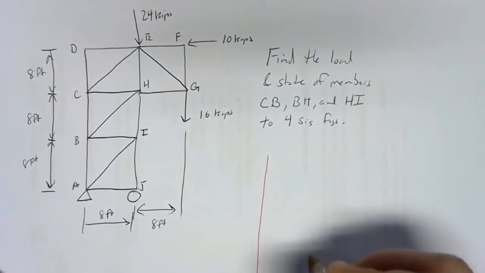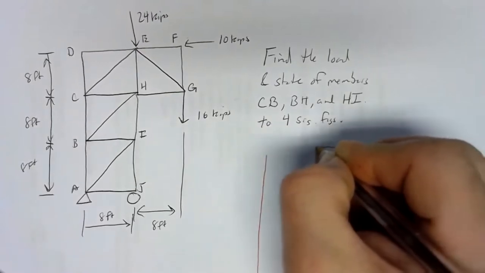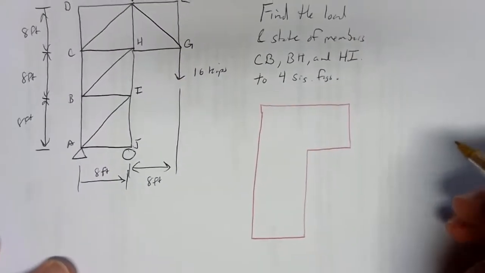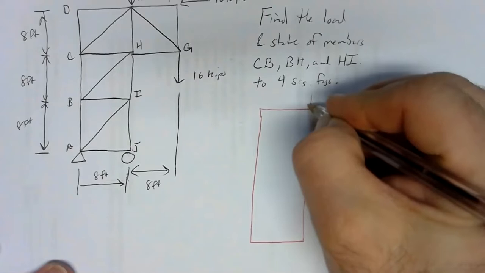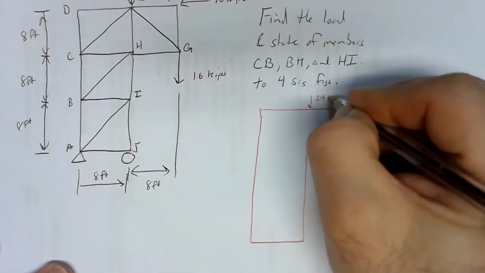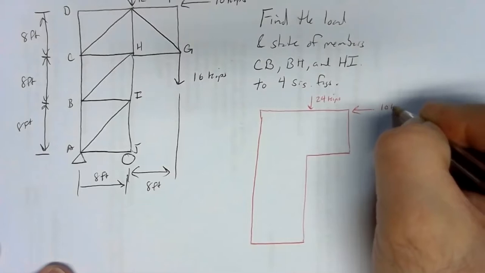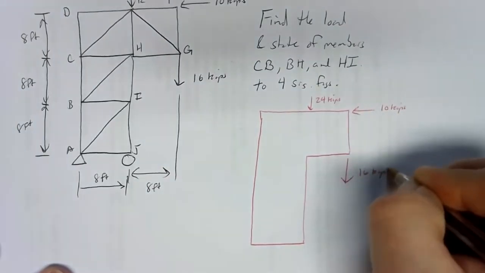Again, we don't care about the internal details, so I'm not going to waste time drawing them. So we've got this kind of Tetris piece shape to it. And we've got 24 kips up here. We've got 10 kips over here. We've got 16 kips down here.